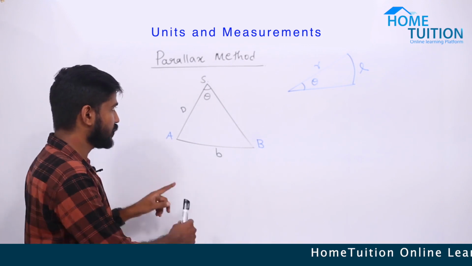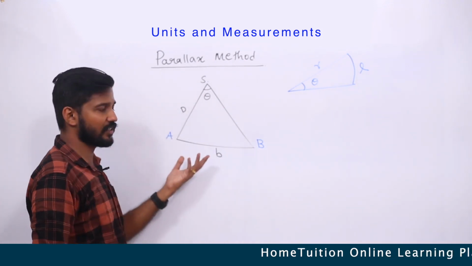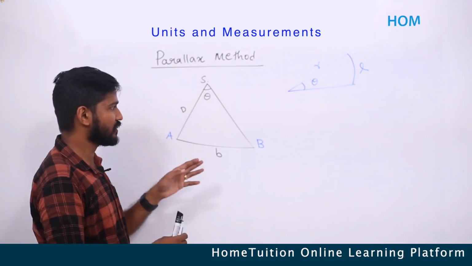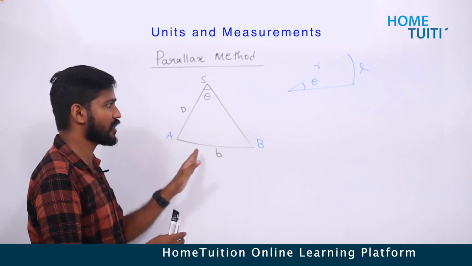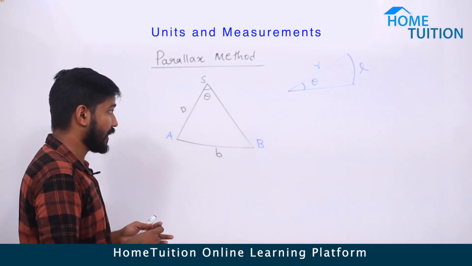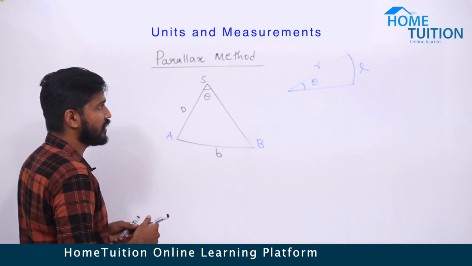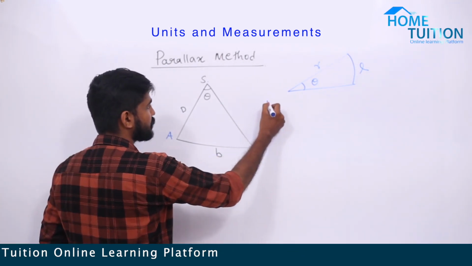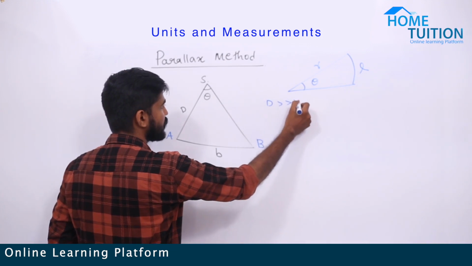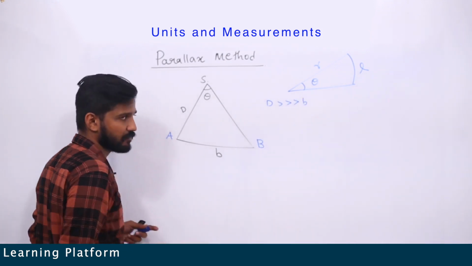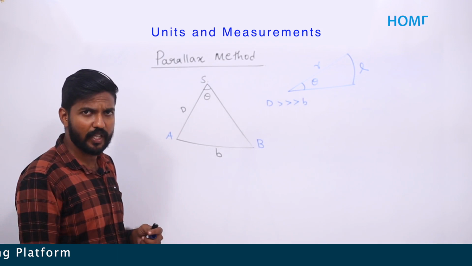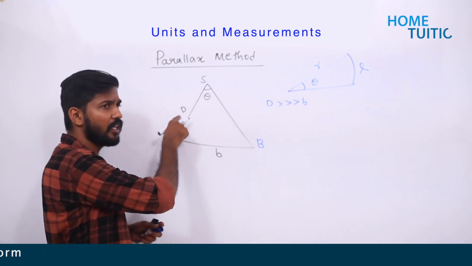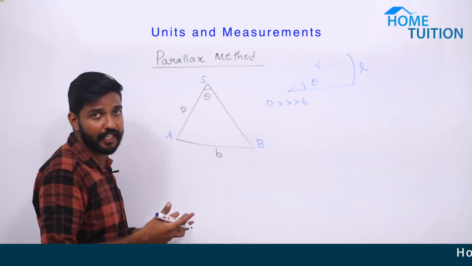Clear? This will form a geometrical shape like a triangle. All of you know that the distance D, capital D, is very much greater than small b. Suppose b is 1 kilometer, then D may be in light years.